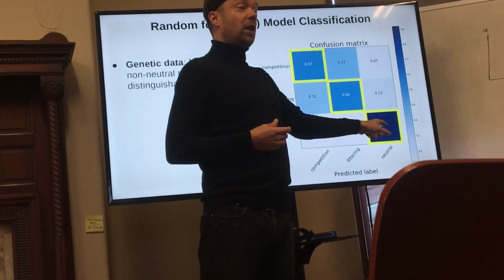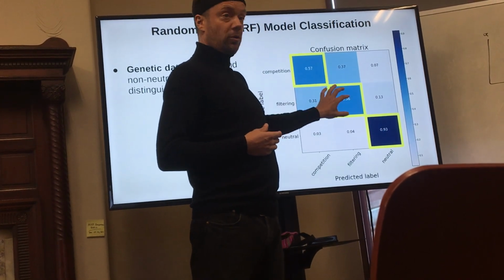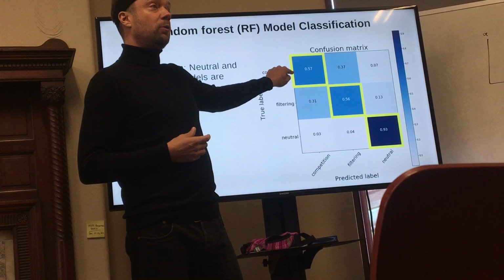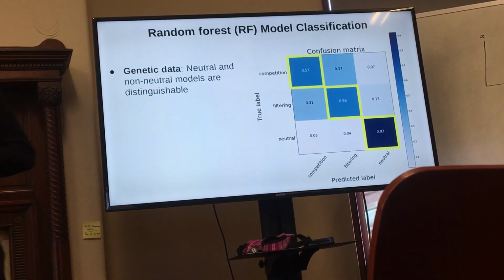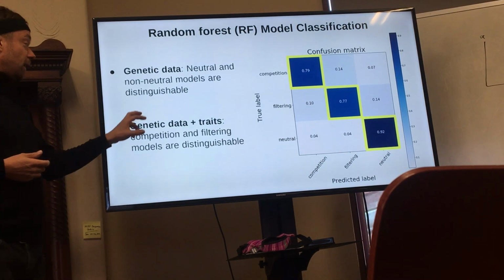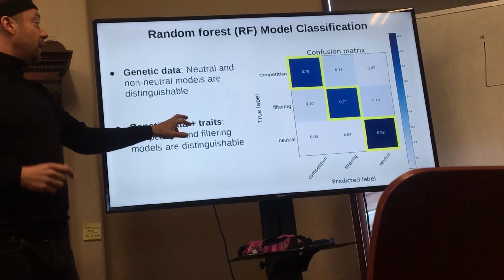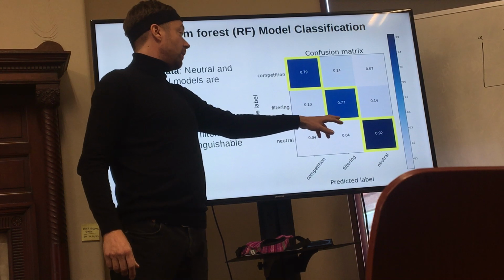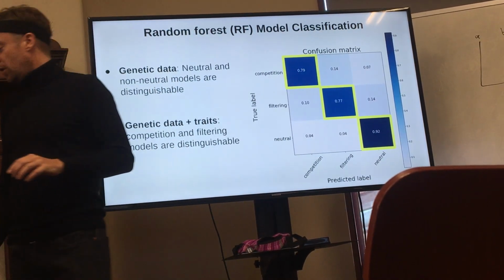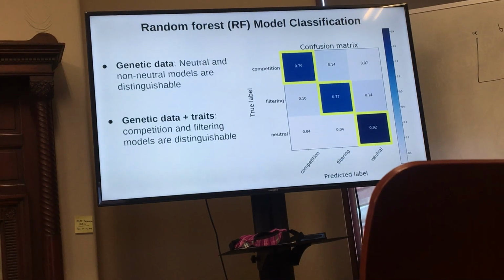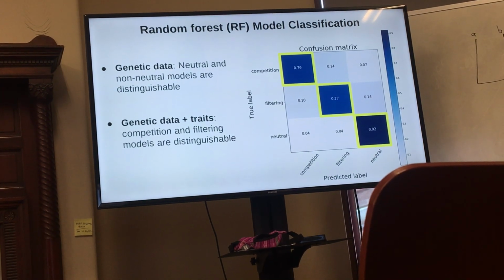So if you're using just genetic data, it does a really good job of telling the neutral from the non-neutral models, but between the non-neutral models, it can't tell the difference. Okay, so now if we have genetic data and trait data, still the neutral model, you actually get improved resolution to distinguish between the competition and filtering models using the trait data.